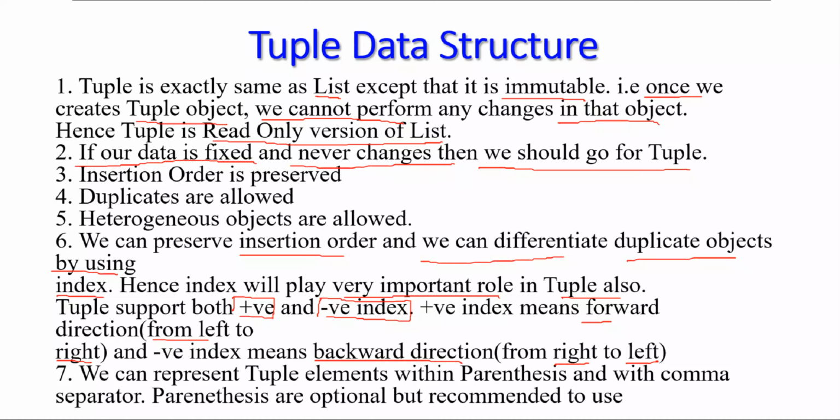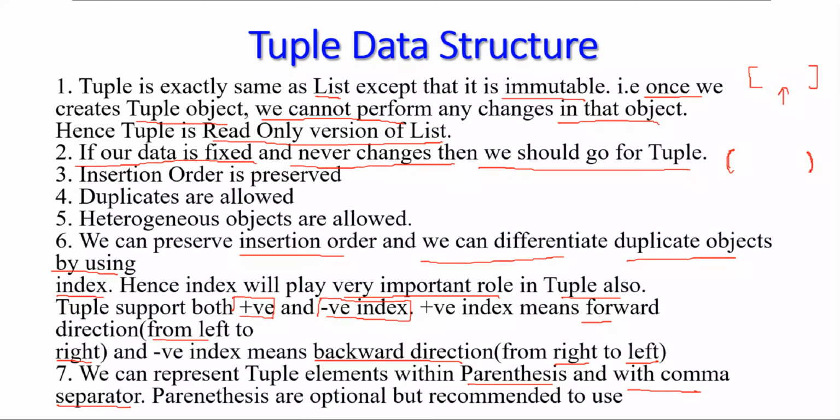We represent tuple elements within parentheses. That means we will use parentheses and in that we will write the tuple elements. Suppose we take square brackets, in the square brackets we write the list elements. So when it comes to the tuple, we will take the parentheses and keep the elements in the tuple, and all elements are separated with a comma separator.